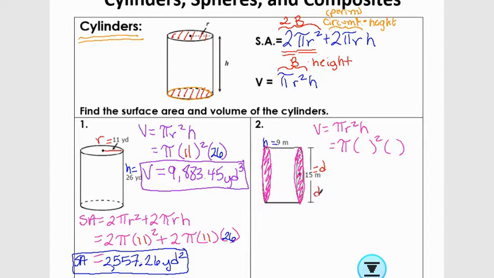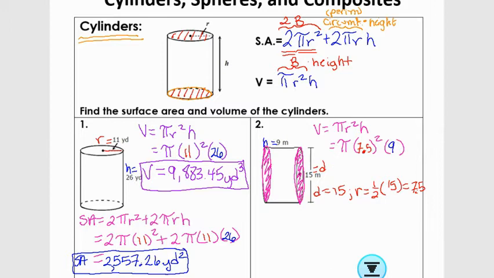If the diameter is 15, we know that the radius is just half the diameter, so half of 15. So that's just 7.5. So now that I have my radius, I can plug it in. It's going to be 7.5. And my height, we said, was 9.